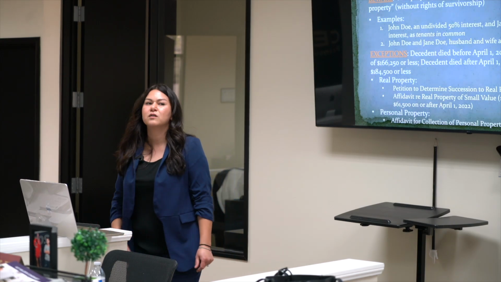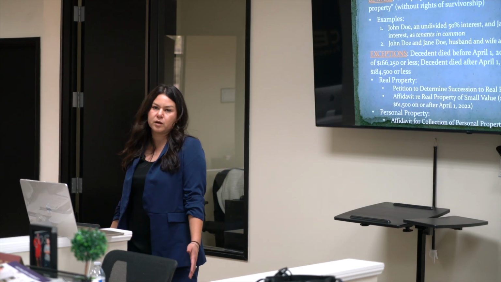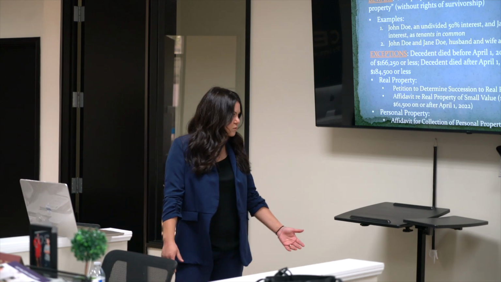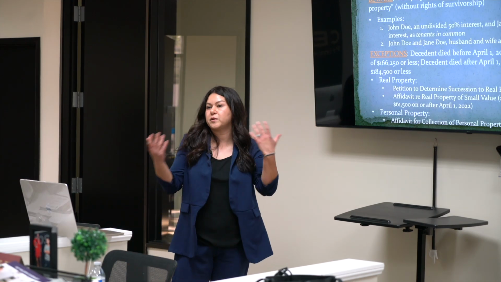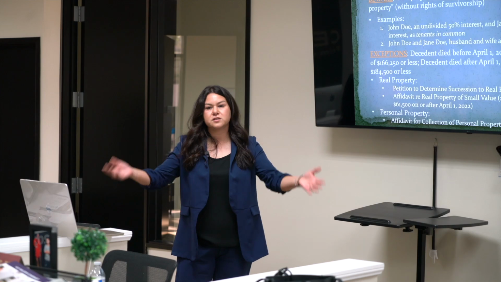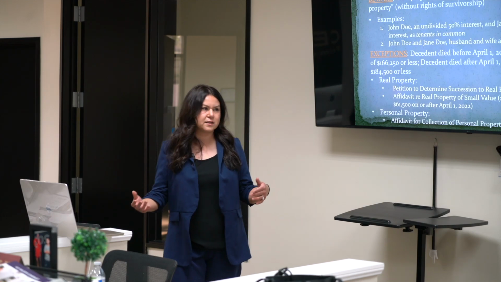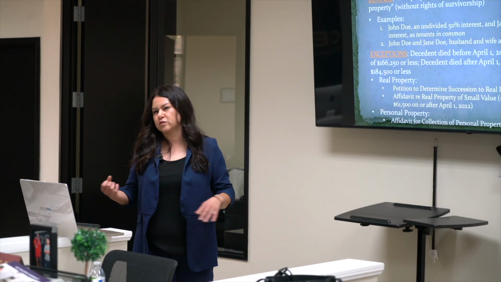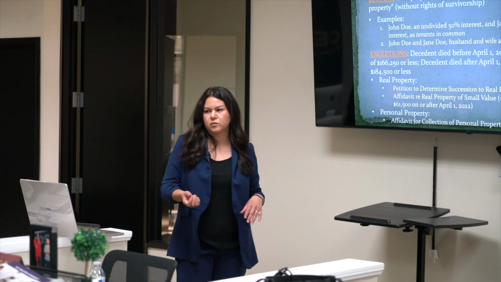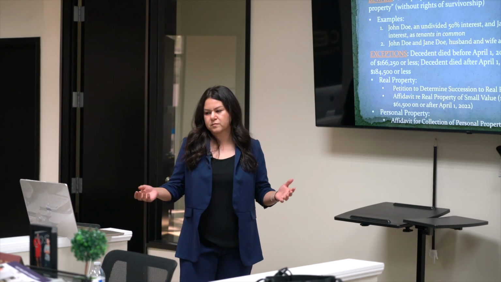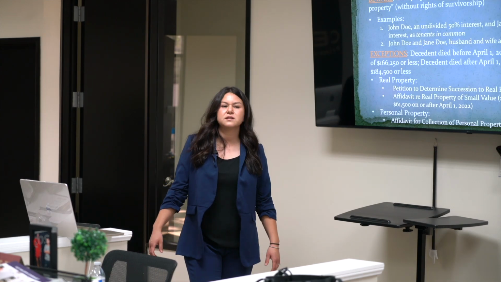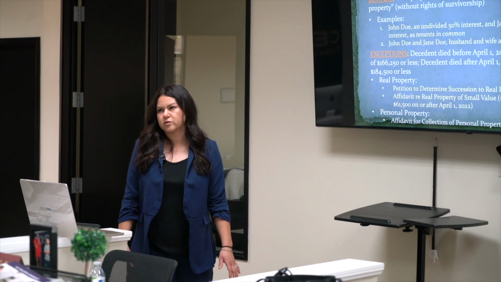Then there's also the collection of personal property, because not everyone owns real property, or sometimes the real property is already in the trust and then they just leave an account outside. So this would apply to, let's say, life insurance proceeds, retirement accounts, bank accounts. It's called an affidavit for collection of personal property.